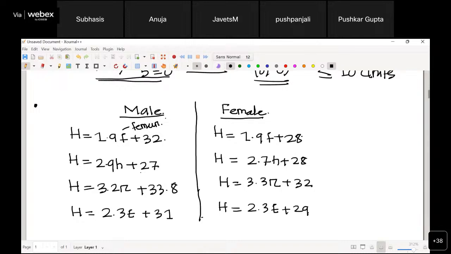Okay, so these are the information given, how you can predict the height of a human using the length of the bone.